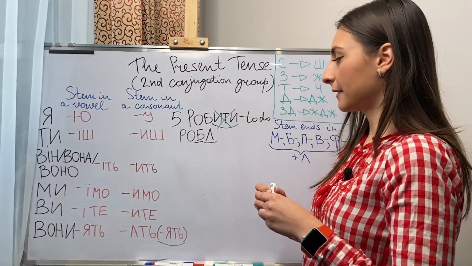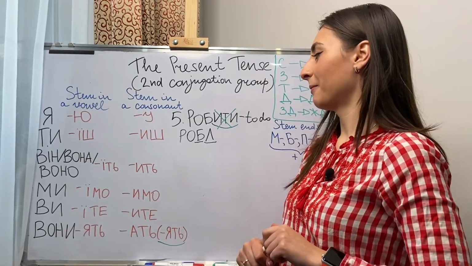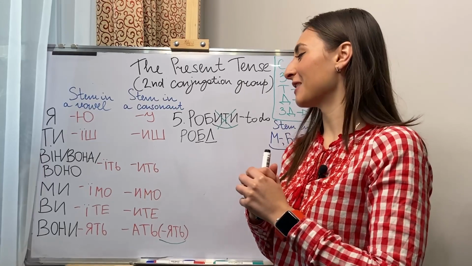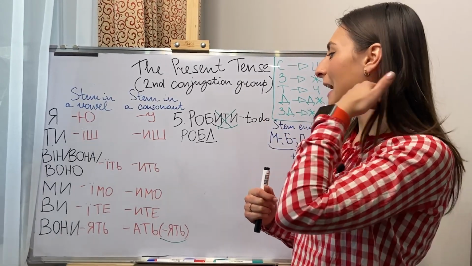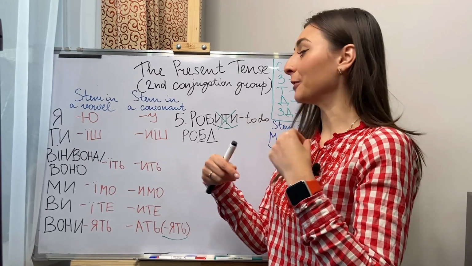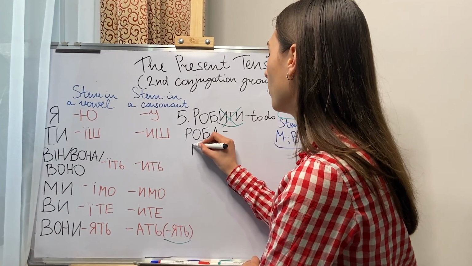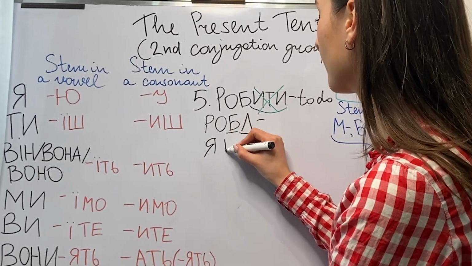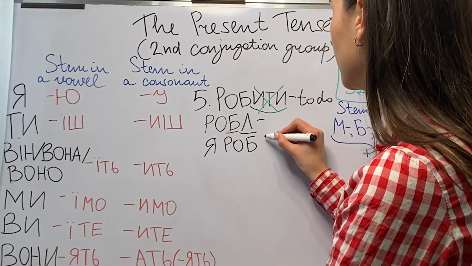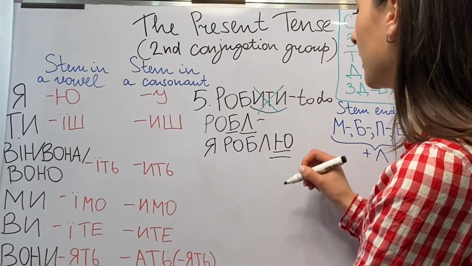So you can say it ends in a consonant. You're right, but everything is not so easy when we talk about the second conjugation group. So when you want to say I do, we add ю. So we say я роблю, I do.